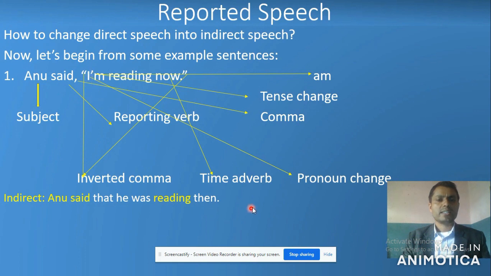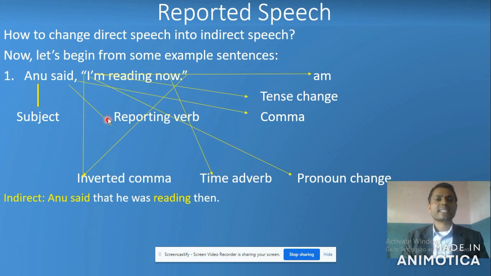Then time and adverb, noun, and pronoun change. These are the components you have to notice, because later, while changing from direct to indirect, we have to change them using specific rules, so you must be familiar with them.